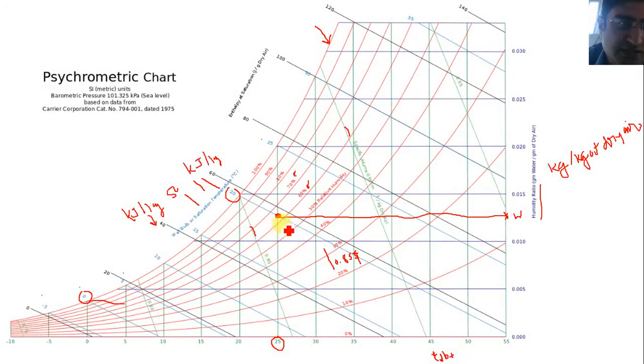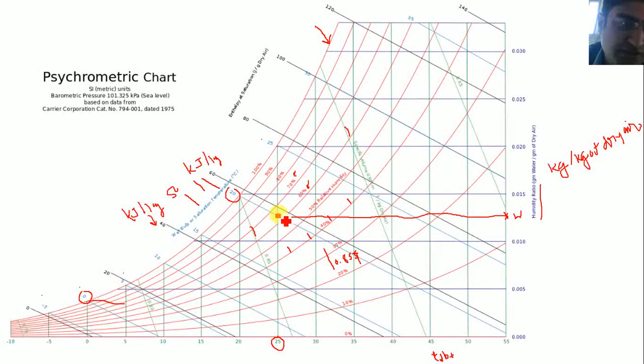Here the values are 0.85, 0.86, 0.87, 0.88, 0.89, and here is 0.9.